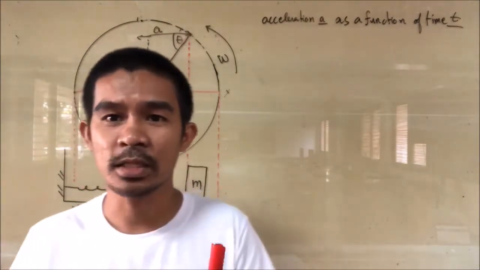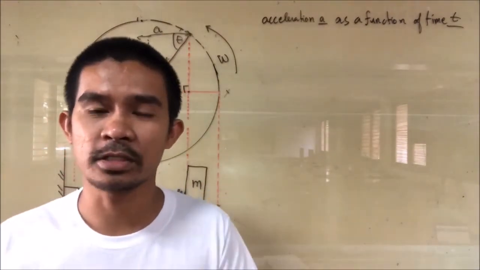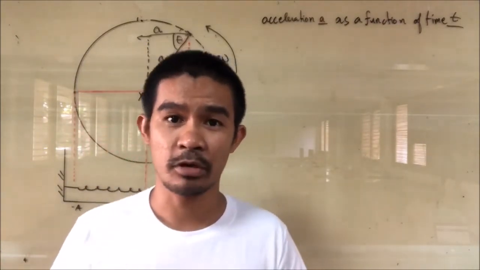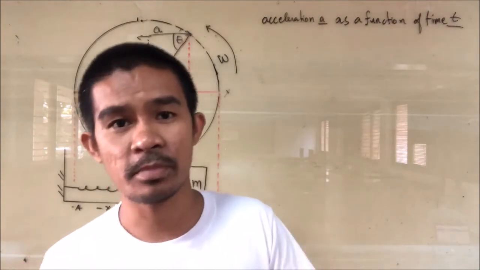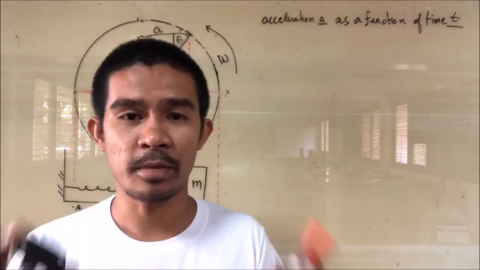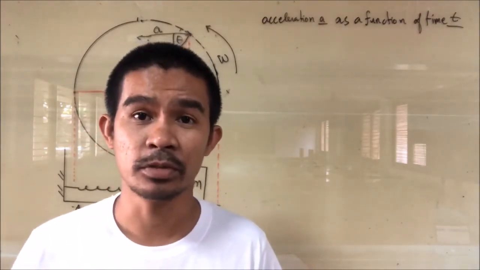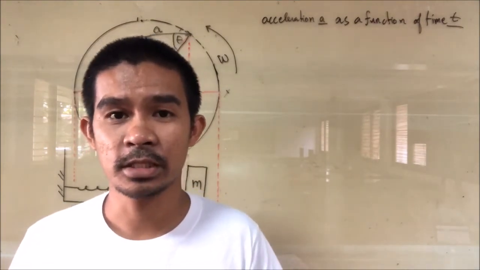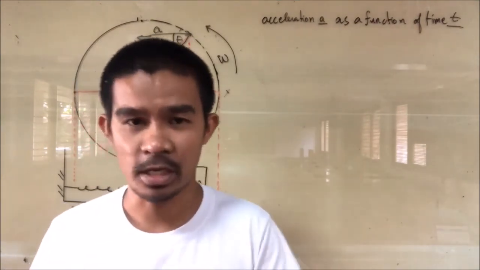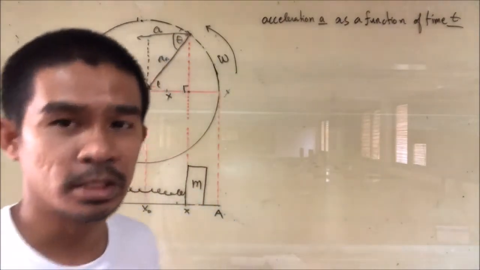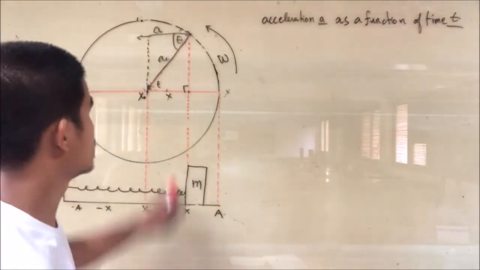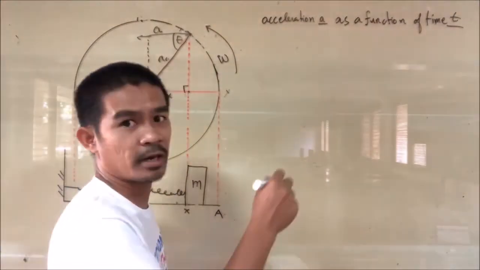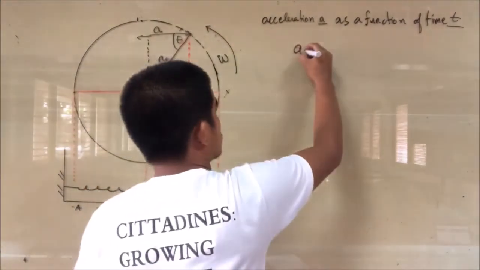But what is the direction of the acceleration of an object moving in uniform circular motion? If you can still remember the topic of uniform circular motion, the direction of the acceleration of an object moving around a circle at constant speed is always towards the center, and that acceleration is what we call the centripetal acceleration, a sub c.